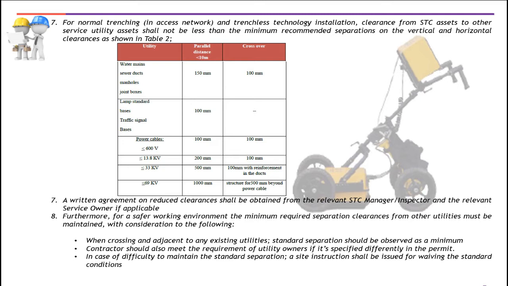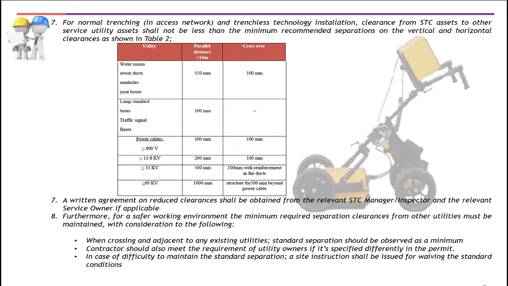If you have utilities like water mains, sewer ducts, manholes, and joint boxes, the separation on a parallel distance must be 150 mm, and when crossing, please maintain 100 mm. For lamp standard bases and traffic signals, the parallel distance separation must be 100 millimeter.